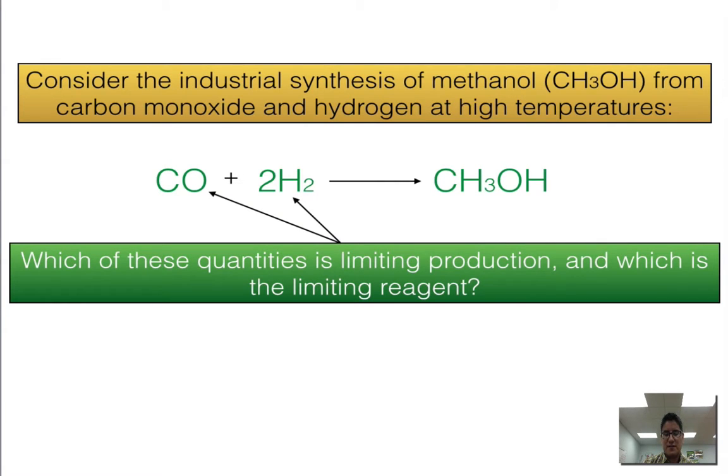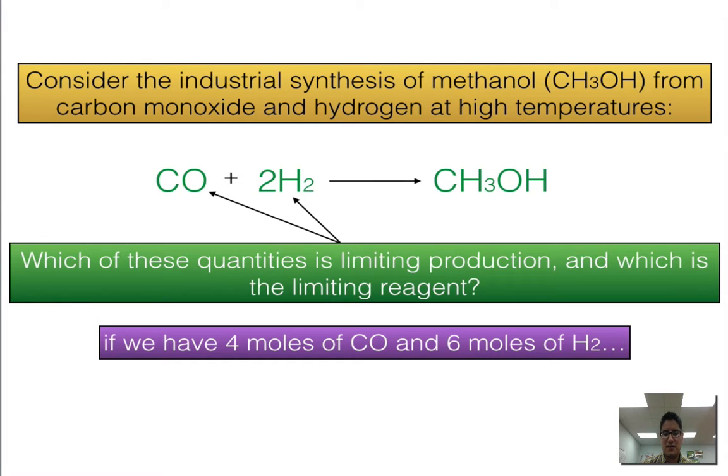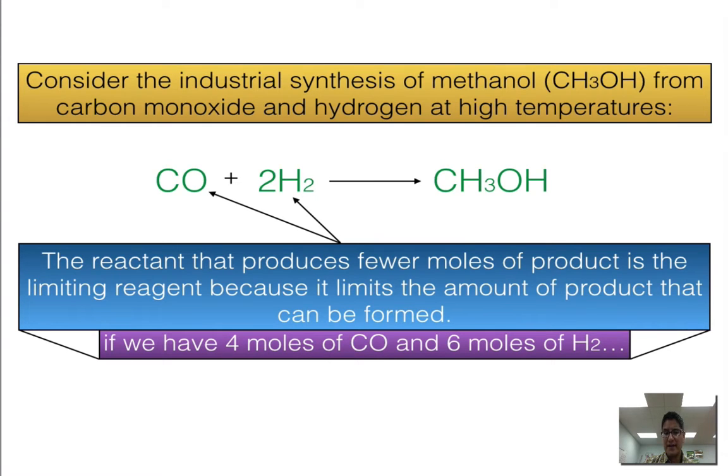Which of these quantities on my reactant side is the limiting reagent? Let's say in a chemistry lab, I have 4 moles of carbon monoxide and 6 moles of hydrogen gas. The reactant that produces the fewest moles of the product is the limiting reagent because it limits the amount of product that can be formed.